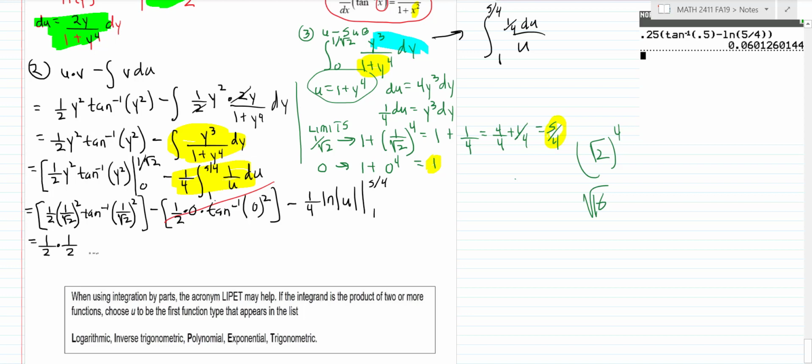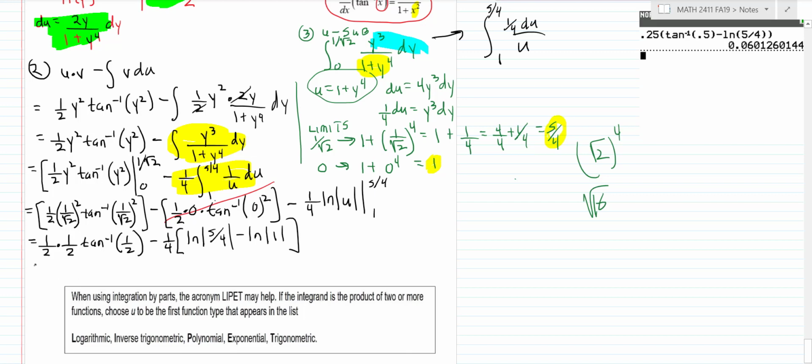You square the radical, it goes away. Then you'll have inverse tangent of, again, that'll be 1/2, like that. And then over here, we'll have 1/4. Plug in the upper limit, you'll have ln of 5/4 minus ln of 1. Okay, like that.